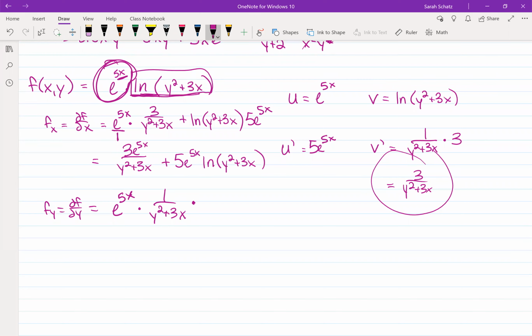Don't think it's going to be the same, because this time I used the chain rule with respect to y, and my derivative here ends up being 2y. But that was a lot simpler, right? You can put the e term on top, you can put the 2y on top, you can call this 2y e to the 5x over y squared plus 3x. And that's it. So you guys, with respect to y, was a lot easier on this one.